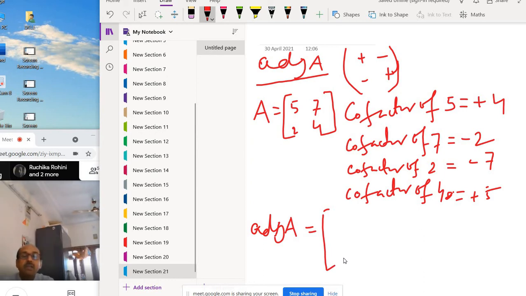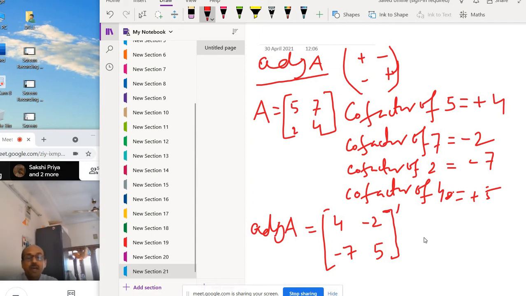Write down all the cofactors: at first 4, then minus 2, then minus 7, and last one is 5, bracket close, and the transpose sign. This is the formula, transpose.